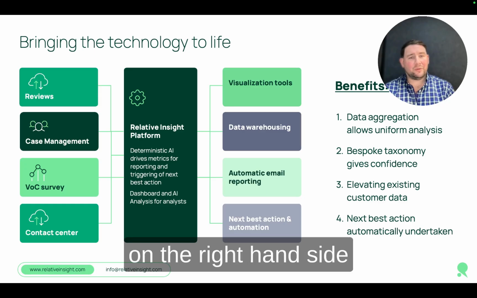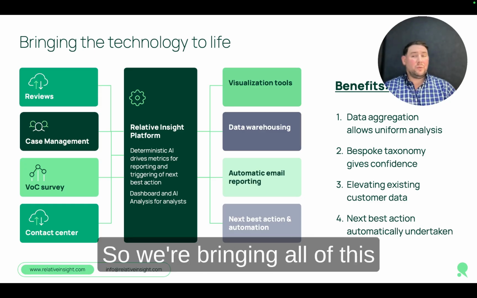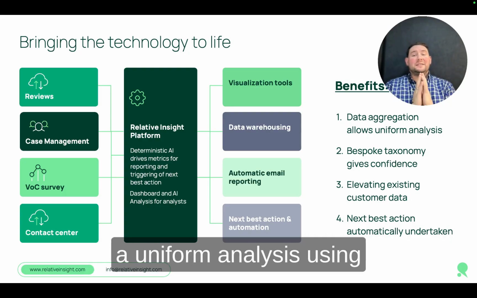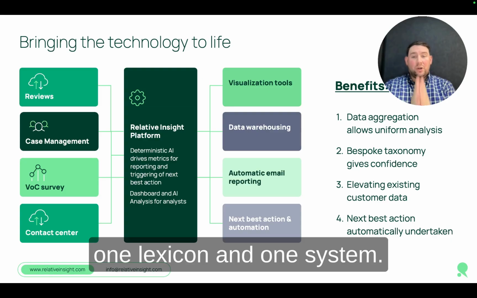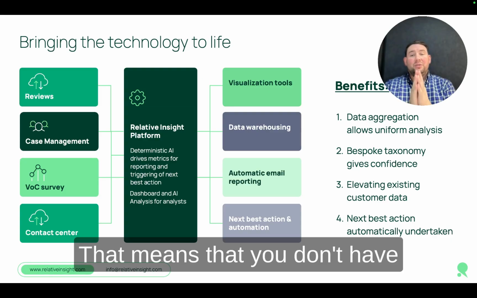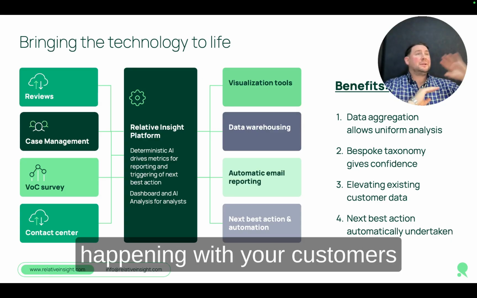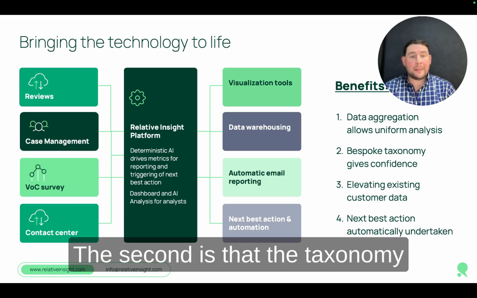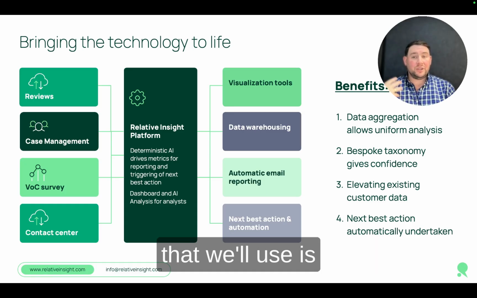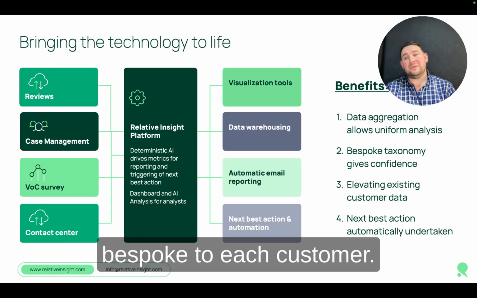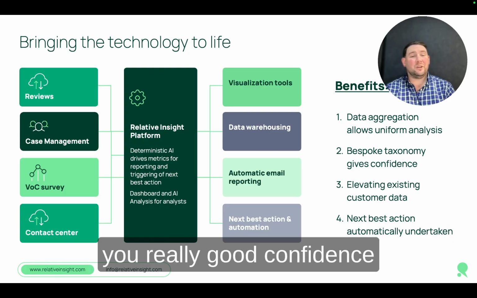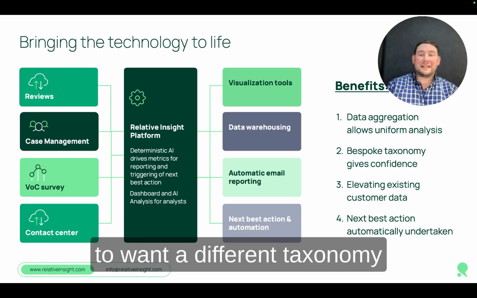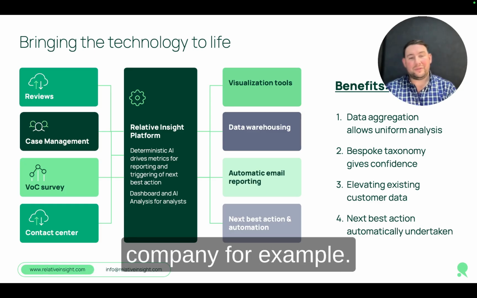The benefits over on the right-hand side are pretty obvious, right? We're bringing all of this data into one place, allowing a uniform analysis using one lexicon and one system. That means you don't have to go to find out what's happening with your customers across all these different vendors, but rather in one. The second is that the taxonomy we'll use is bespoke to each customer, which will give you really good confidence, because the NFL are going to want a different taxonomy to a pharmaceutical company, for example.